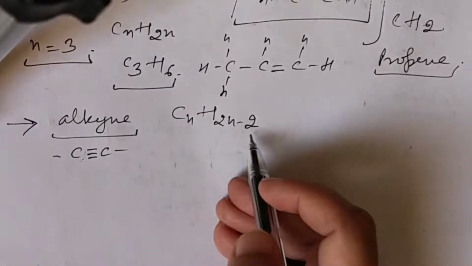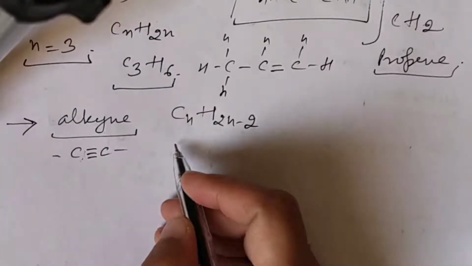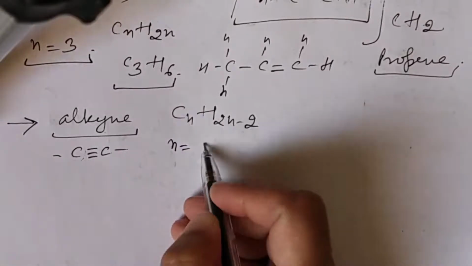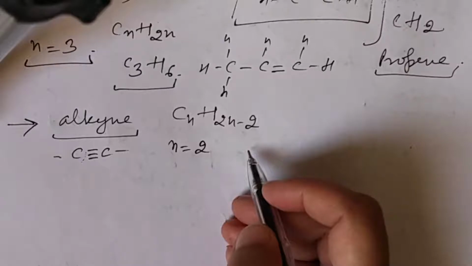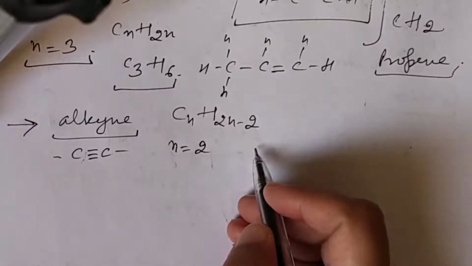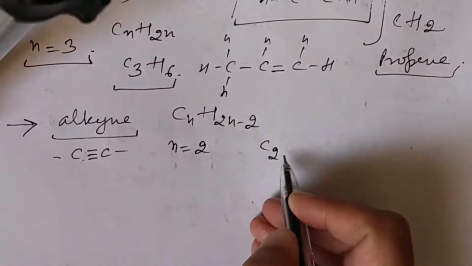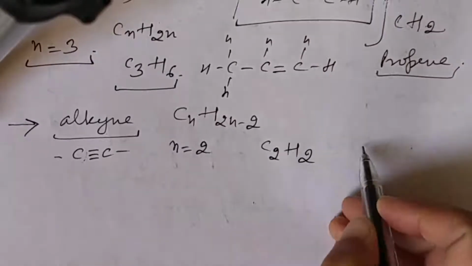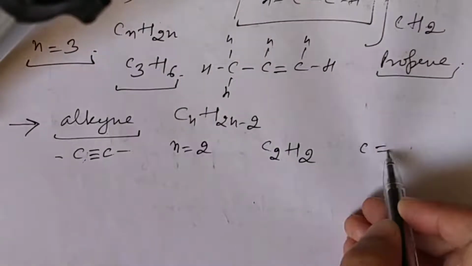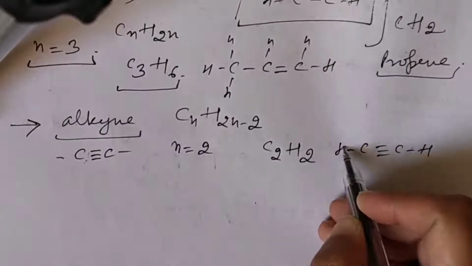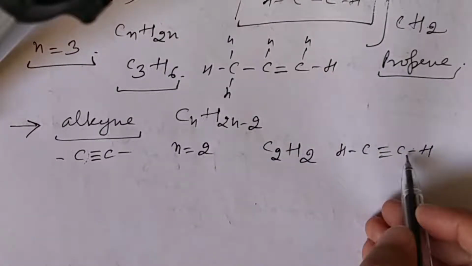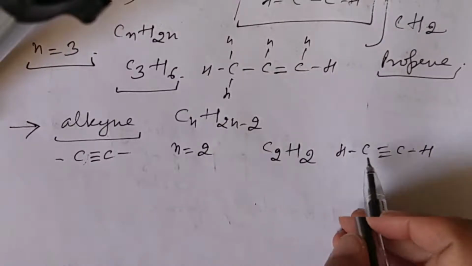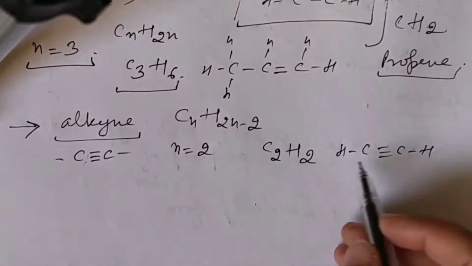If we start with the value of n equal to 2, then we come to the first member of the alkyne series, which will be C2H2, and this will be drawn in a manner in which carbon forms a triple bond with another carbon atom, and the valency can be completed with the hydrogen atom.